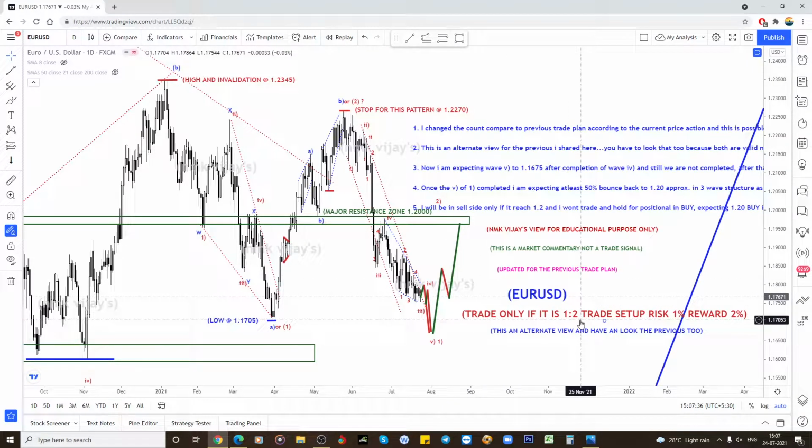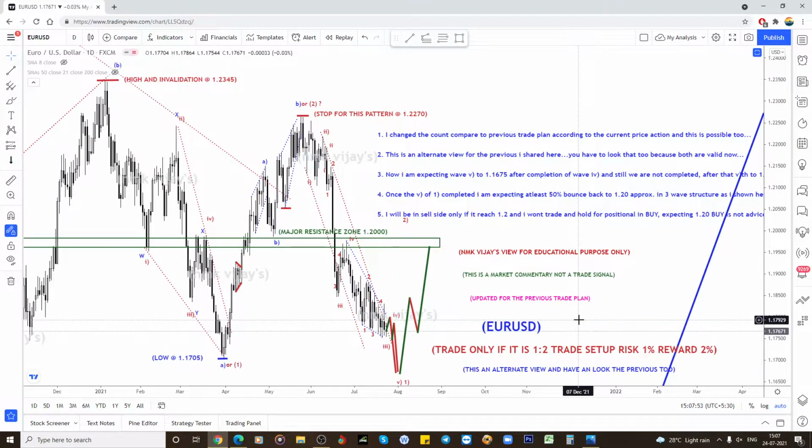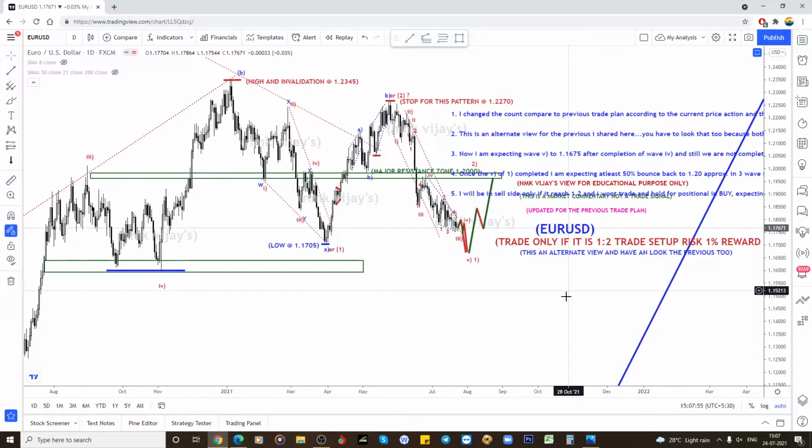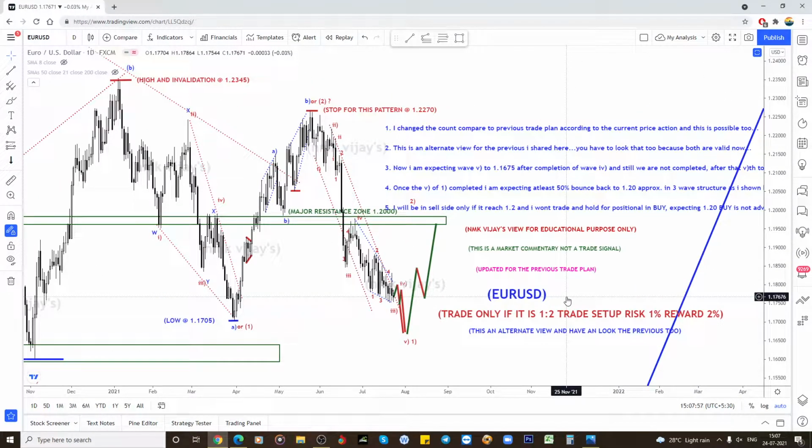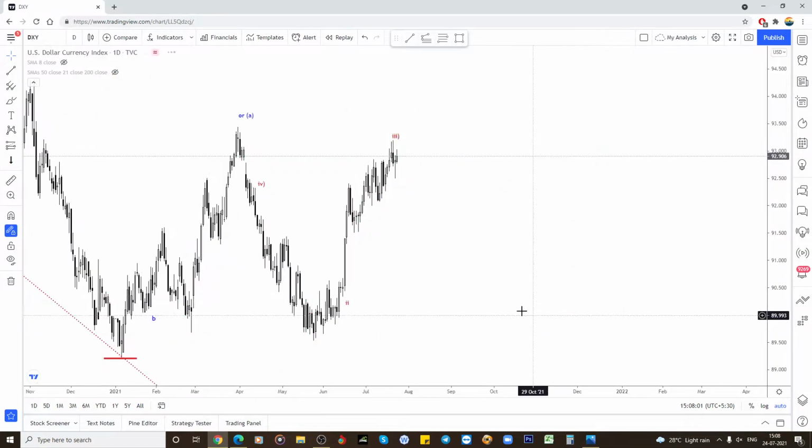If it is 1:1, don't trade that. It's just 50-50, just flipping coins. You don't have any plan. You can just flip the coin, and if it is heads, you go short, or whatever you consider in your mind. It's not like that. Only if you trade with this kind of risk reward can you make a consistent profit. So okay, let's move on again to the DXY.